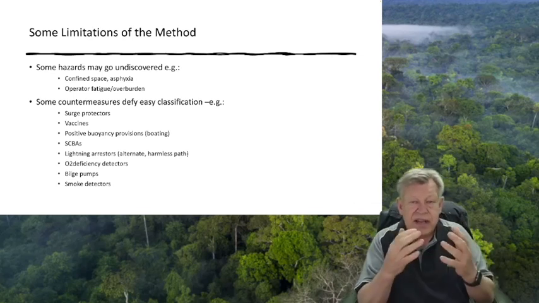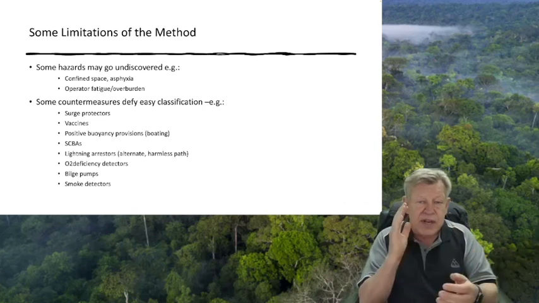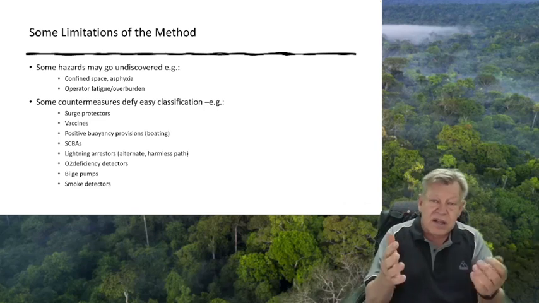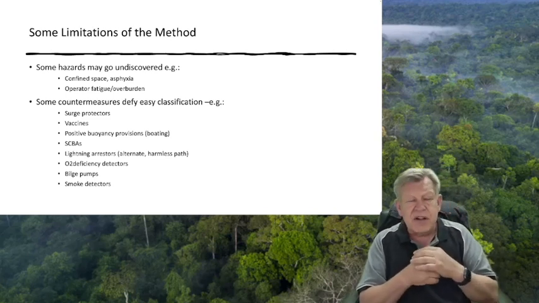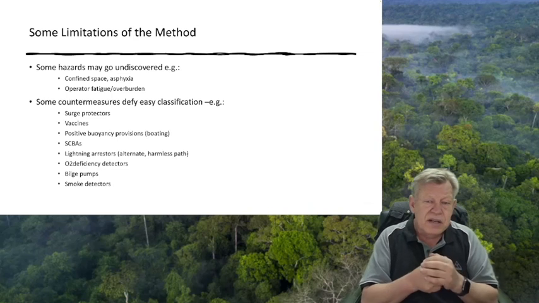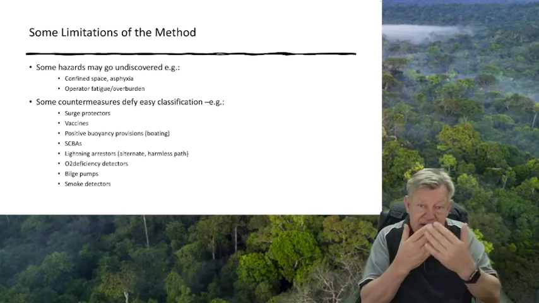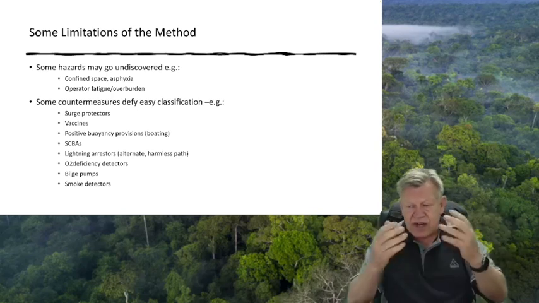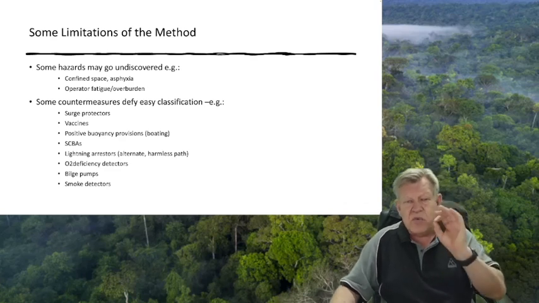Vaccines is not really a barrier on the hazard, between, or even on the target. It goes actually inside the target. Self-contained breathing apparatus is something that you wear on you, but it sits between the hazard and the target, and so on. So not everything fits very nicely in these categories, but it works for 99.9%.